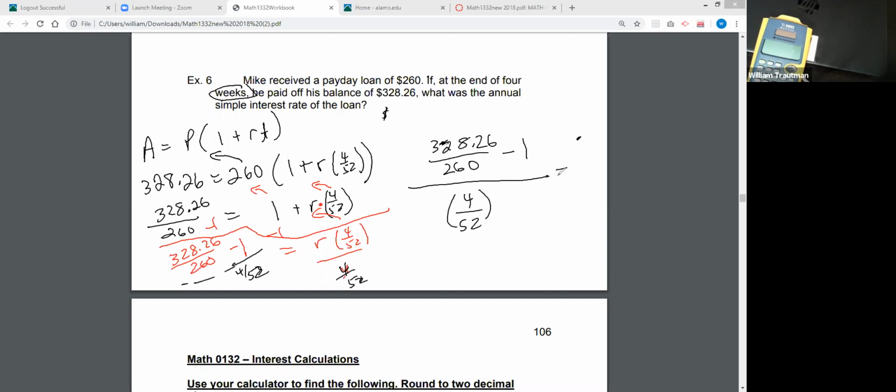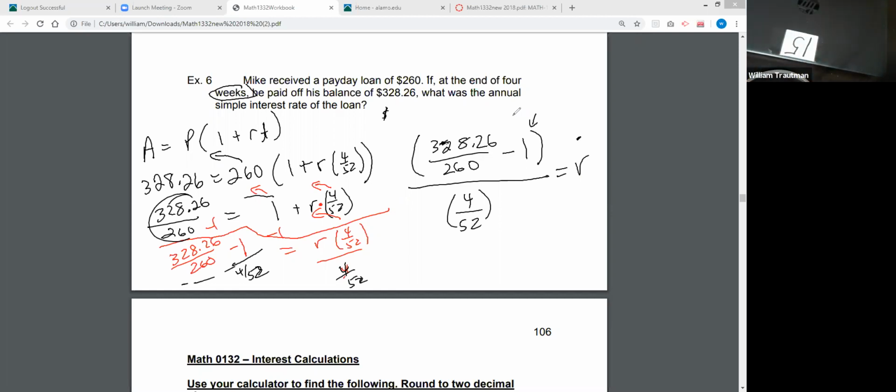Do you see? And that equals r. So first you take the 260 over, divide it, we did that. Then you take the 1 over, and we did that here. And then you divide by 4/52. I would put parentheses around this if you want to, but just as long as you can type this in your calculator.